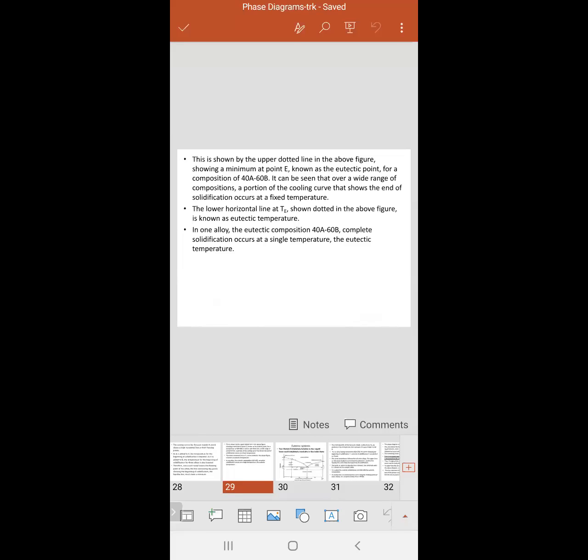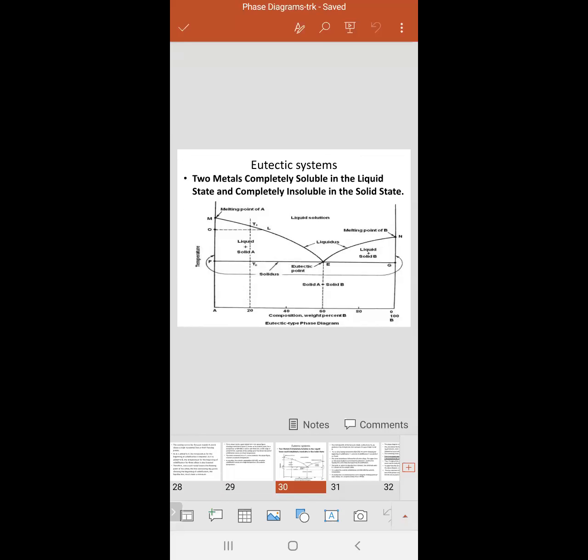The lower horizontal line at TE, shown dotted in the figure, is known as the eutectic temperature. In the eutectic composition 40A 60B, complete solidification occurs at a single temperature, the eutectic temperature. This is the total eutectic phase diagram.